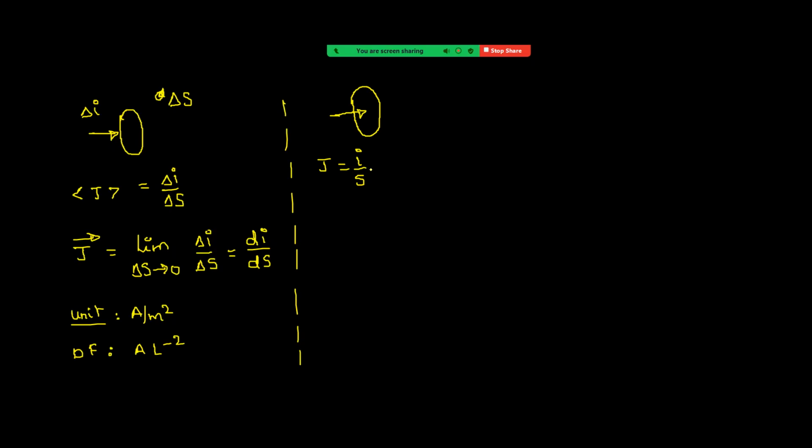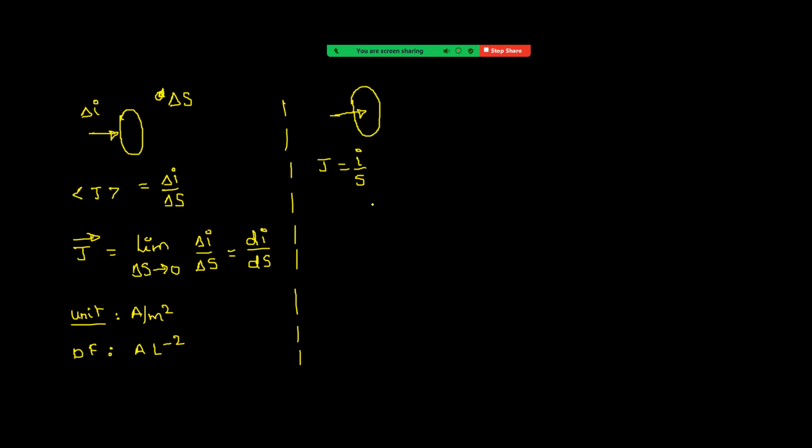In fact, this is nothing but average current density, but the distribution of current is uniform. Therefore, average current density and current density both are the same. It is just like if velocity is a constant, then velocity and average velocity both are the same.